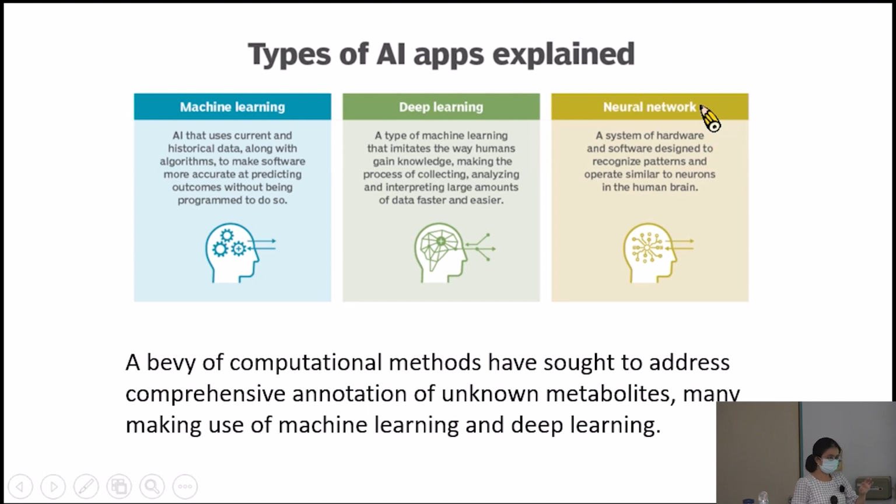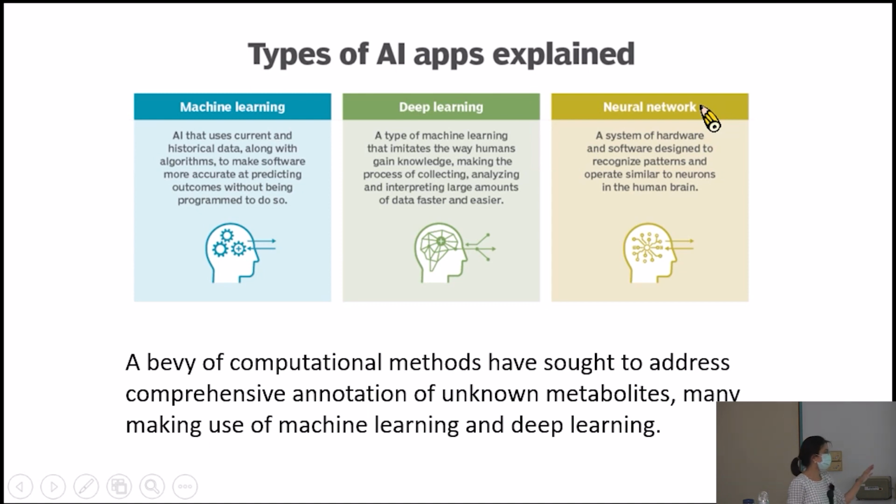For a more familiar example, I would say AlphaGo, the Go-playing program, or the autopilot of Tesla, all use deep learning and neural network learning.